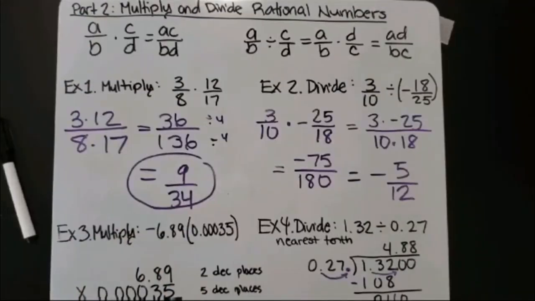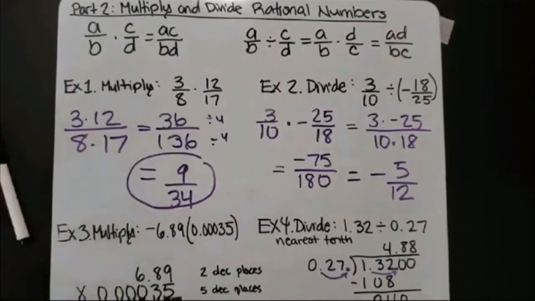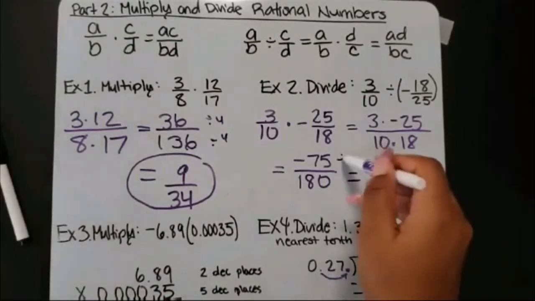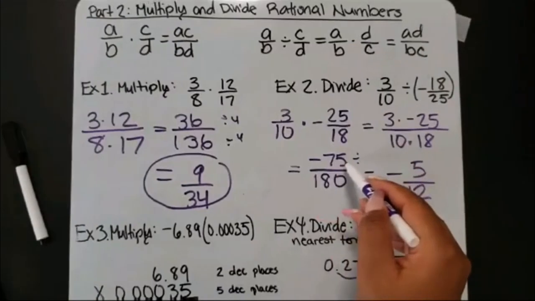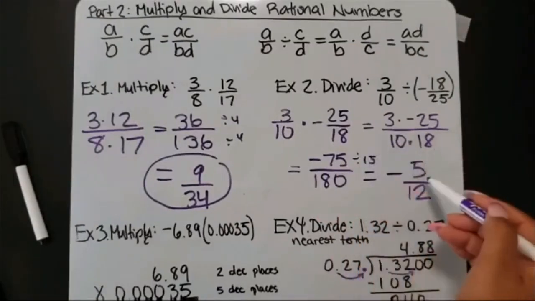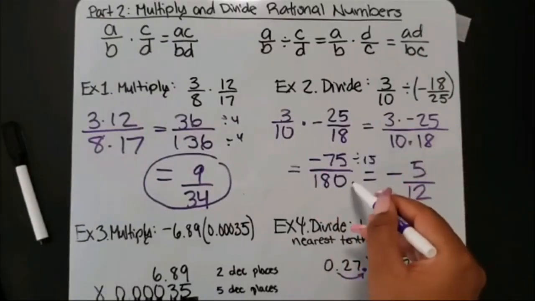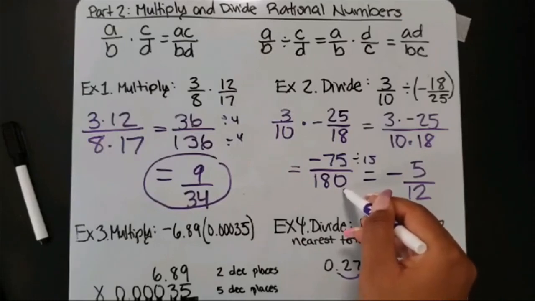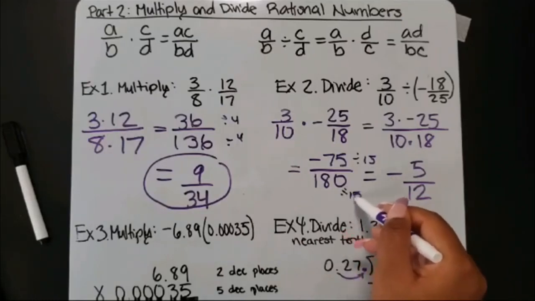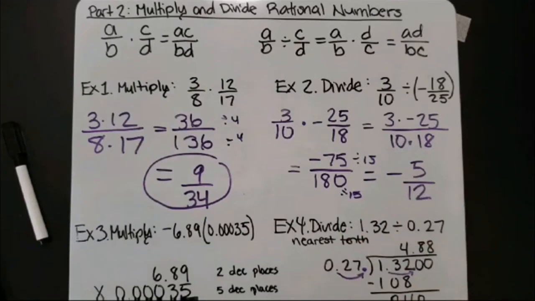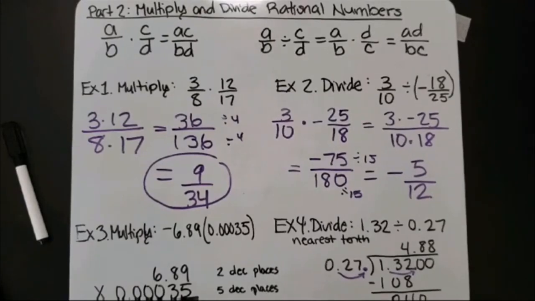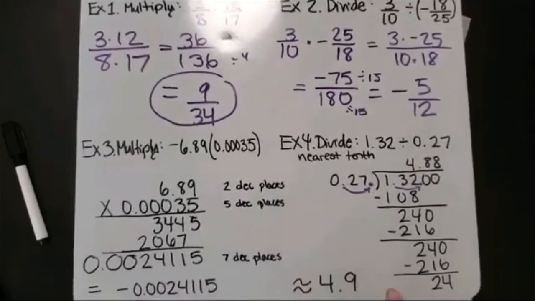So our factor is 15. So if we divide negative 75 by 15, we'll get negative 5. And if we divide 180 by 15, we'll get 12. Okay? So now let's look at the decimals.